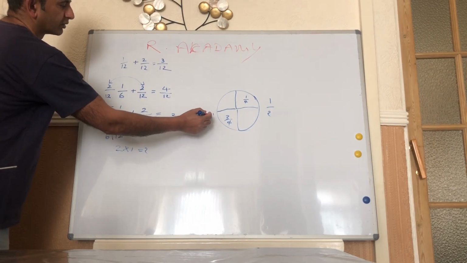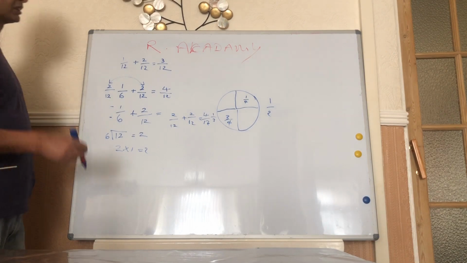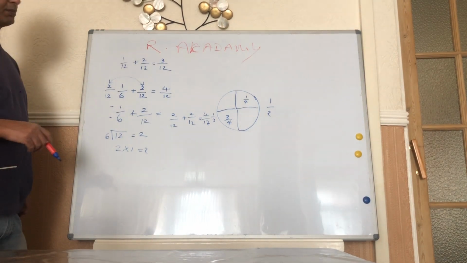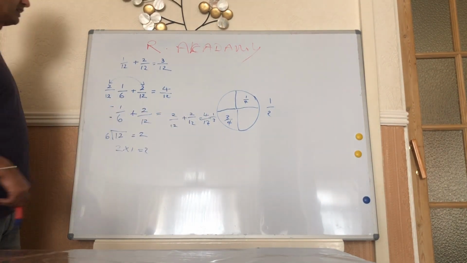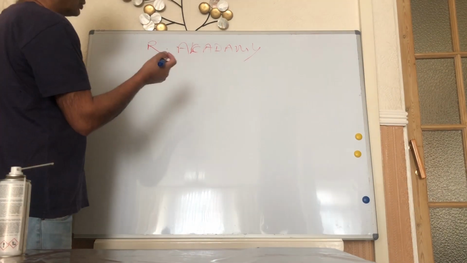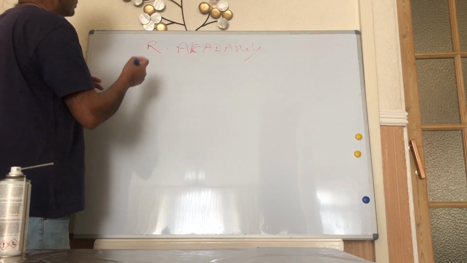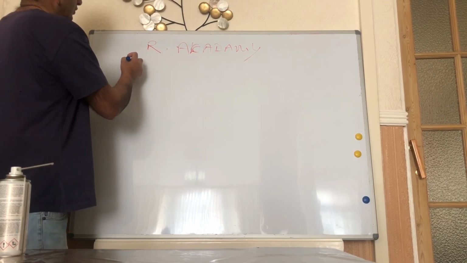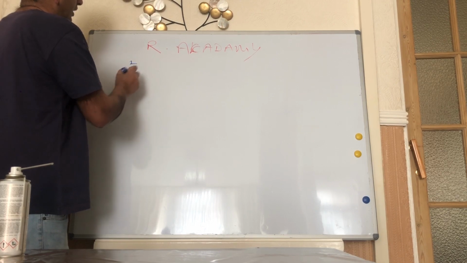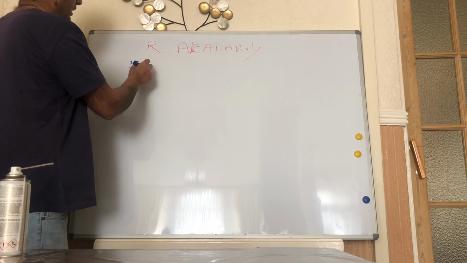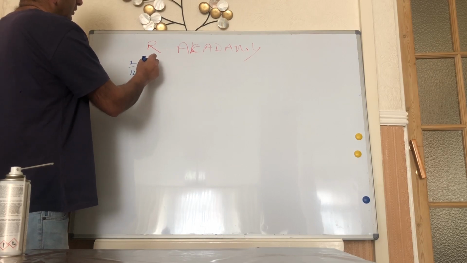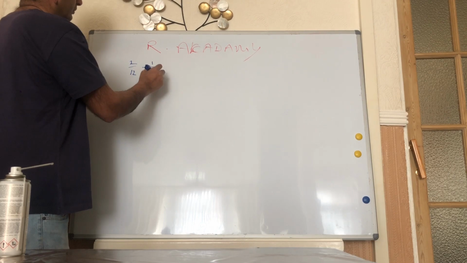Which is 1/3. But we'll come to that later, like I said. It's simplifying it. We don't want to get into simplification yet. We go to the same. Instead of plus, we can say, let's do minus. So you've got 2/12 minus 1/12.